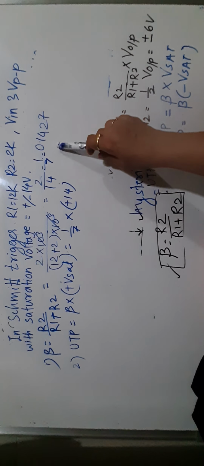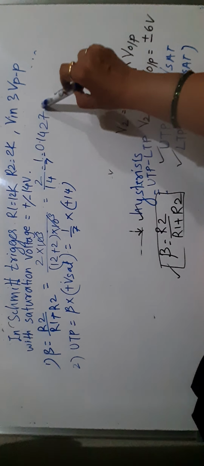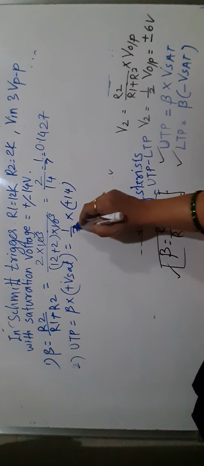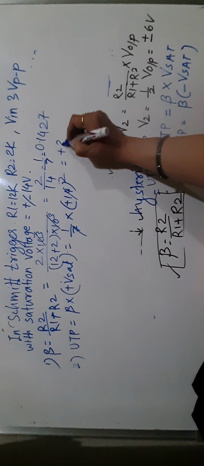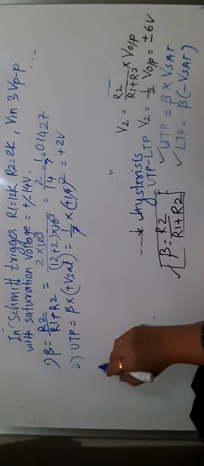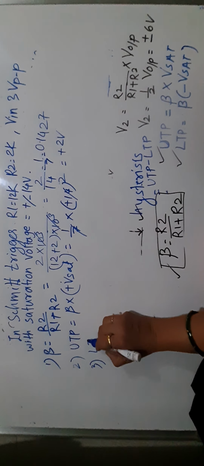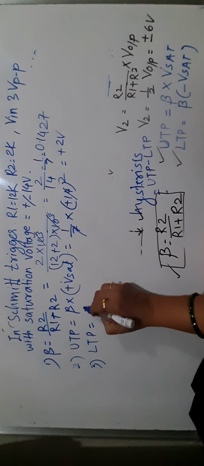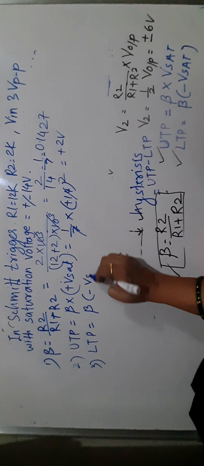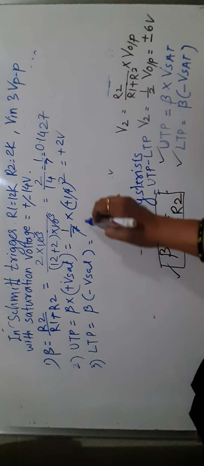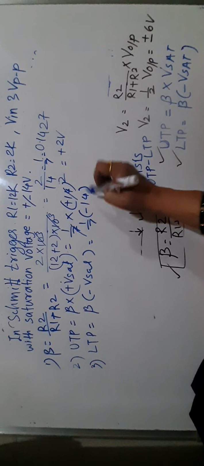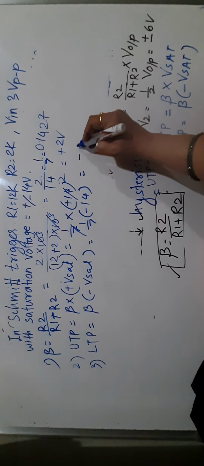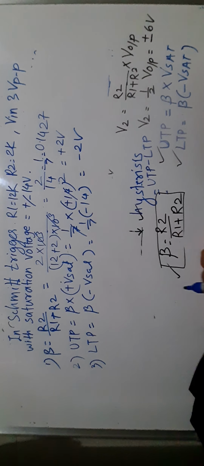Here it is asked to calculate the feedback fraction, that's why we are calculating in fraction. So UTP is plus 2 volt. Now LTP, lower trip point, beta into minus Vsat. Again beta is 1/7 into minus 14. So LTP equal to minus 2 volt.